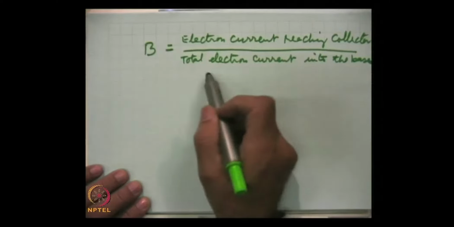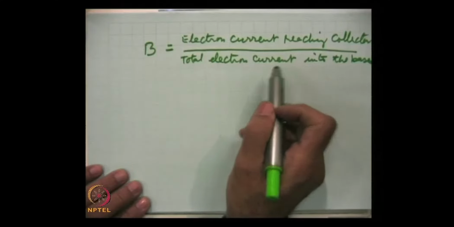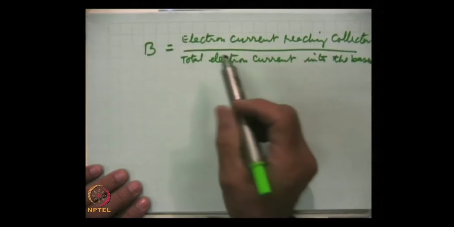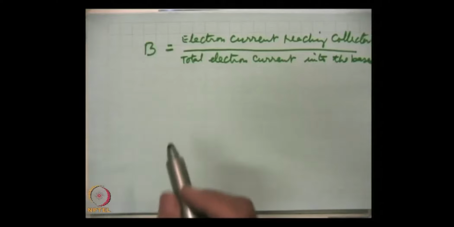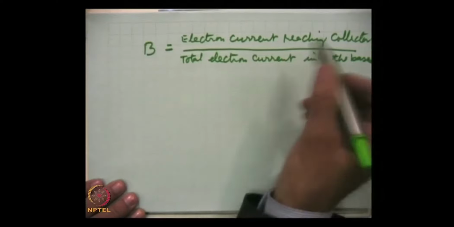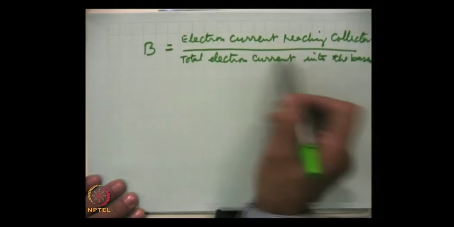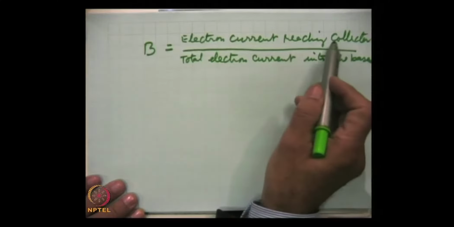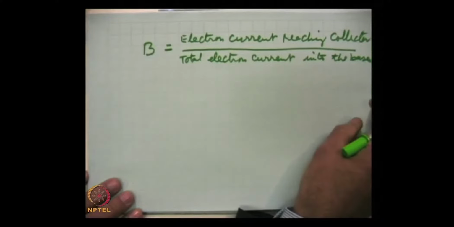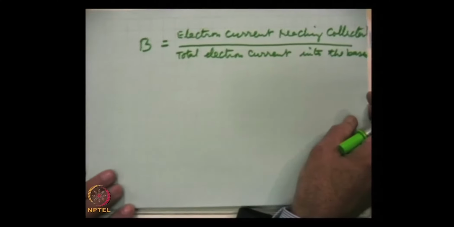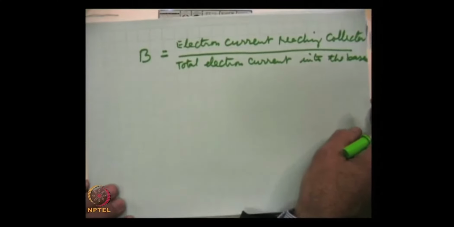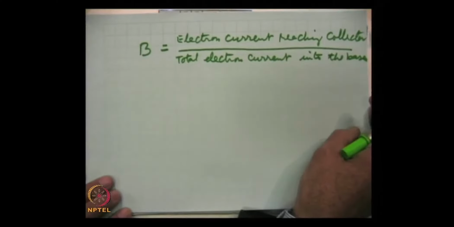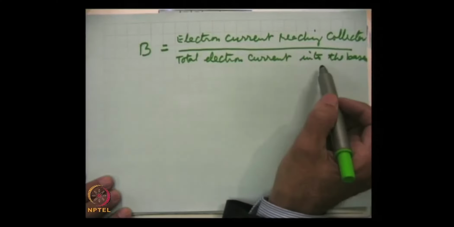That means the total electron current injected into the base, and this beta, obviously, because of this is reaching the collector. This number is slightly smaller because there will be recombination.